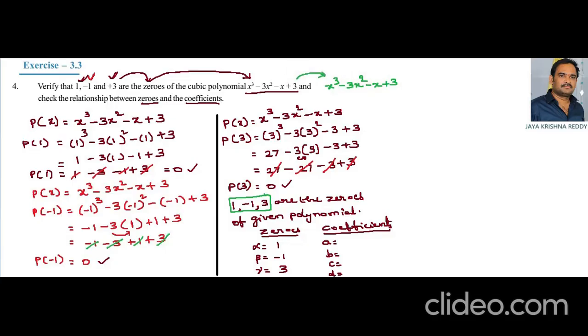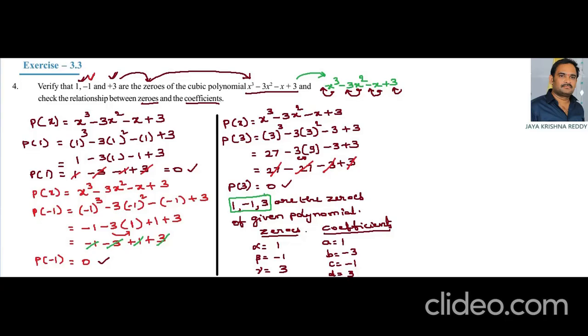So the coefficient of x cube is 1, so the a value is 1. And the coefficient of x square is minus 3, so small b value is minus 3. And the coefficient of x is minus 1, so c is minus 1, and the constant is 3, that is d equals 3.